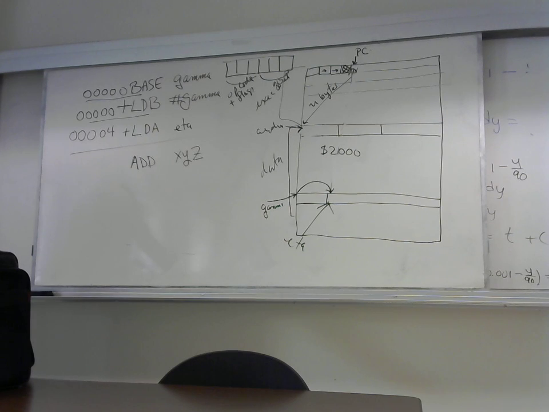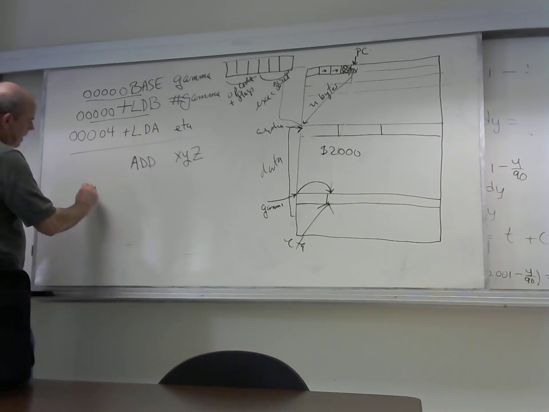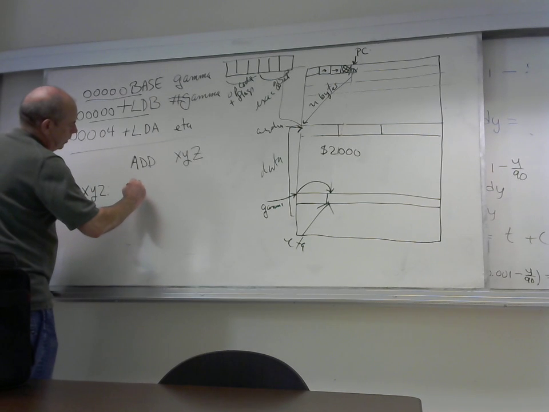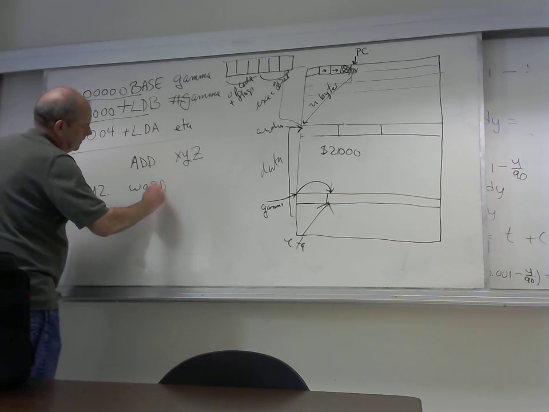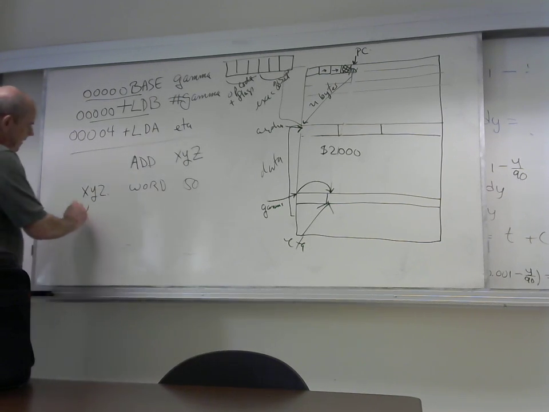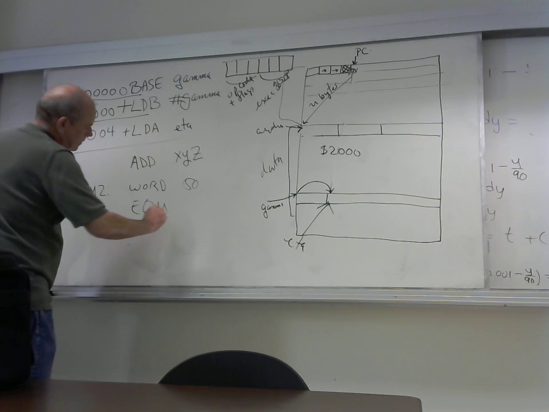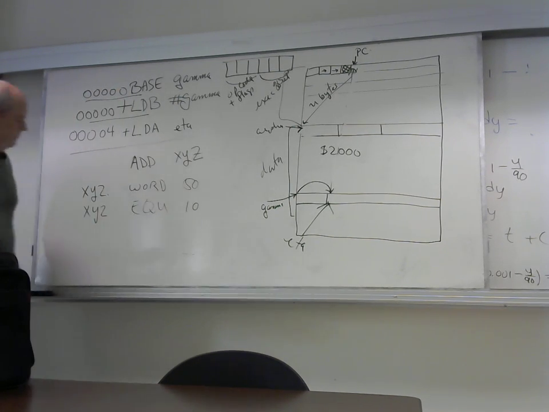So this can take 2 forms. Number 1, it can be a label, XYZ WORD 50, let's say. Or it could be XYZ EQU 10, something. But there must be that label somewhere.